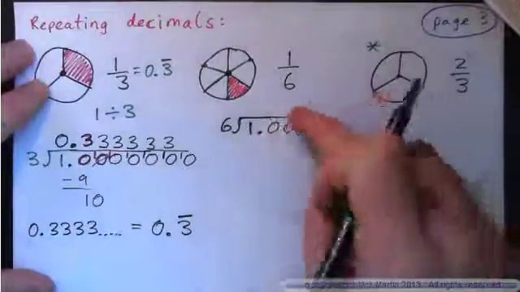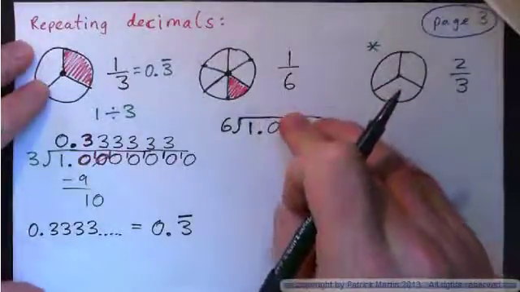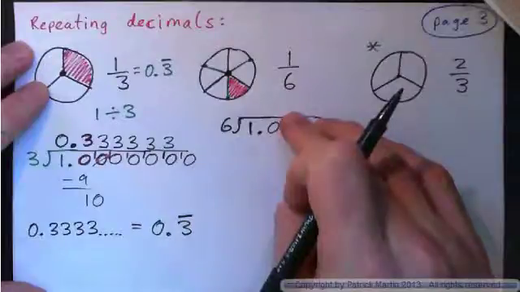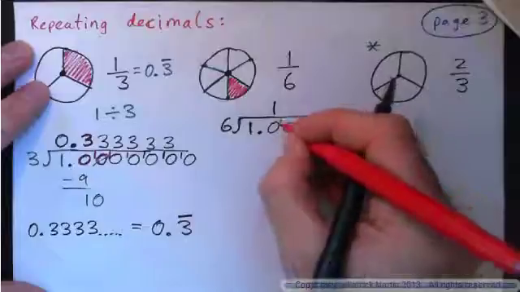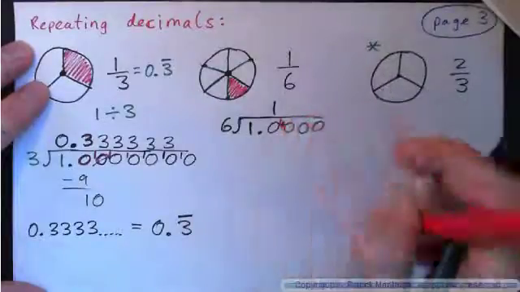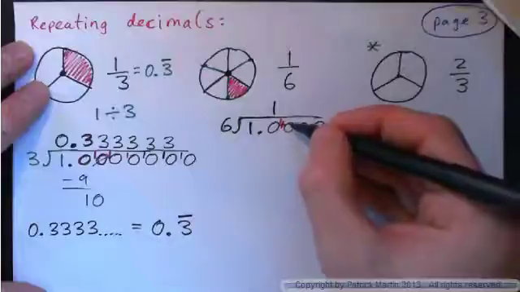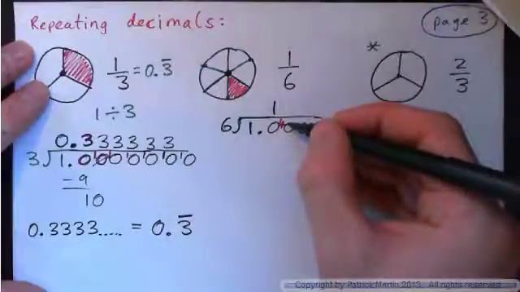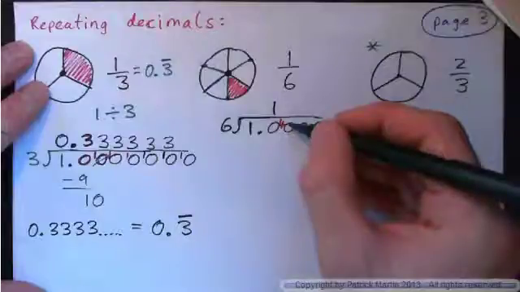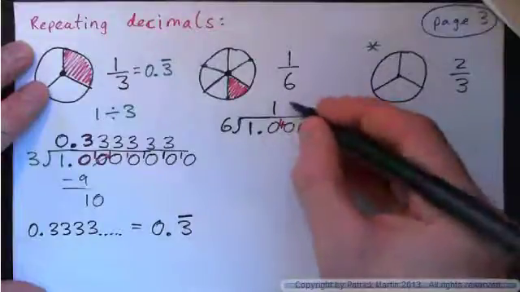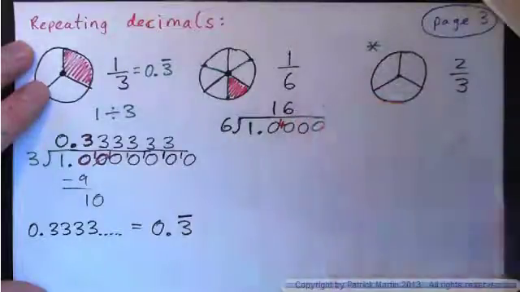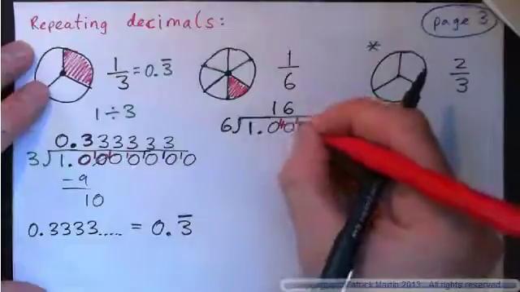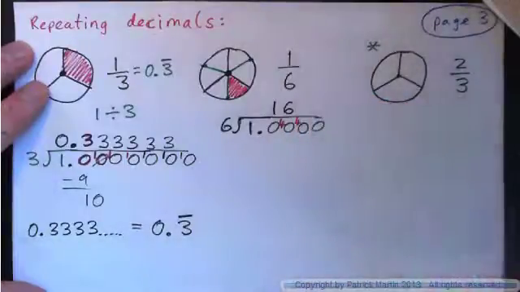So 6 into 10 goes 1 time, and remainder 4, right? 6 into 40 goes how many times? 6 times, right? 6 sixes is 36. So it goes 6 times, and the remainder is going to be 4 again. 40 minus 36 is 4, right?